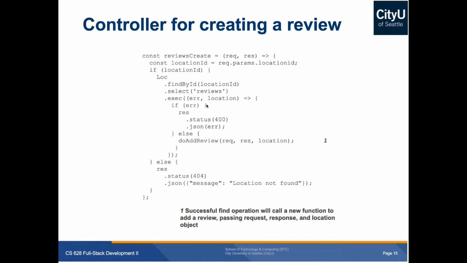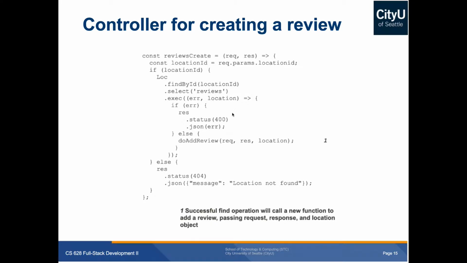If we encounter any errors, let's throw back a response, status code 400, and the JSON object with the error. If we didn't encounter an error, let's execute doAddReview. So this is another function. So it will be calling a doAddReview function, right?